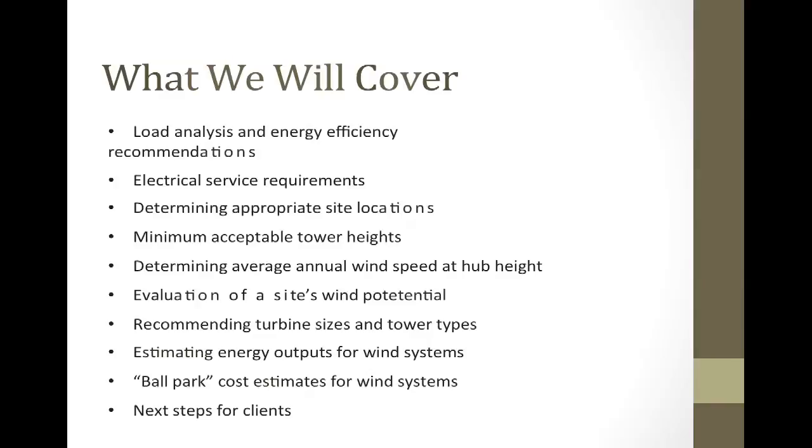And that's based on some of the surrounding elements, whether that's a home or a building, a silo, trees, and so forth. We'll have to determine the average annual wind speed at the height of the hub. That's the center of the rotor. We'll have to try and determine what the site's wind potential is.